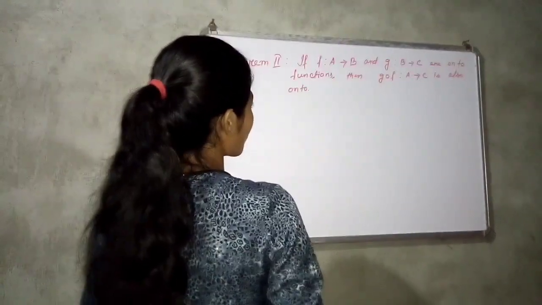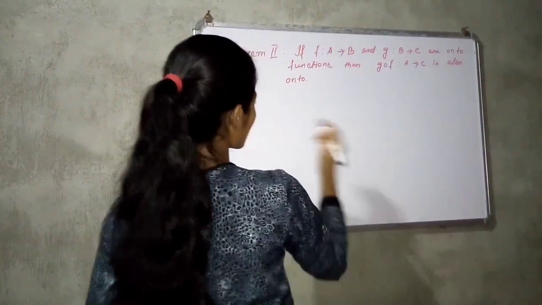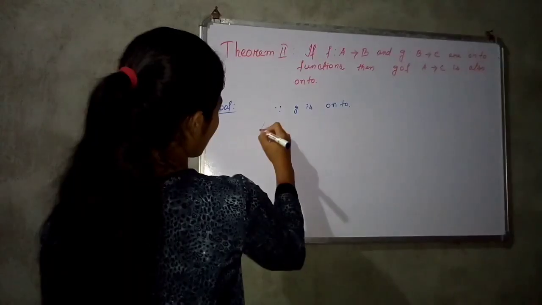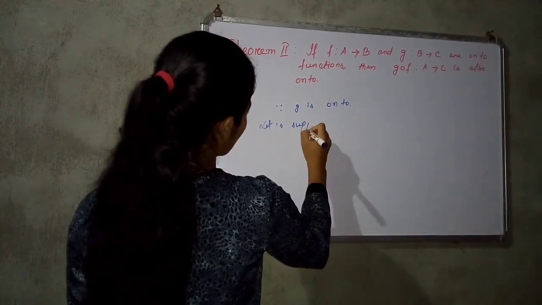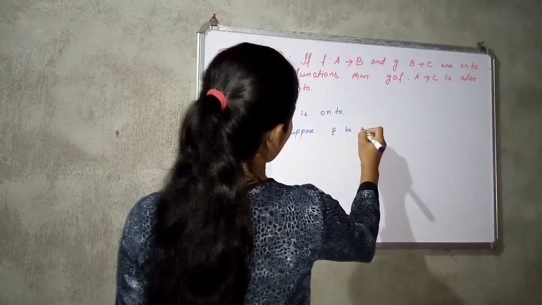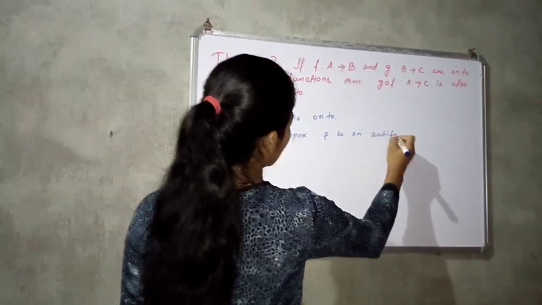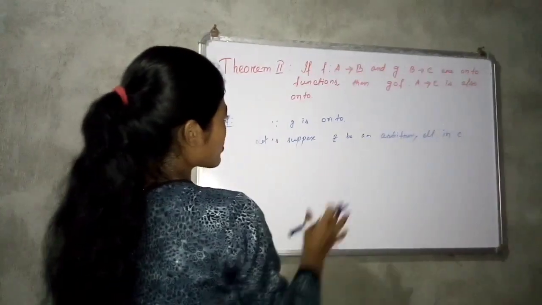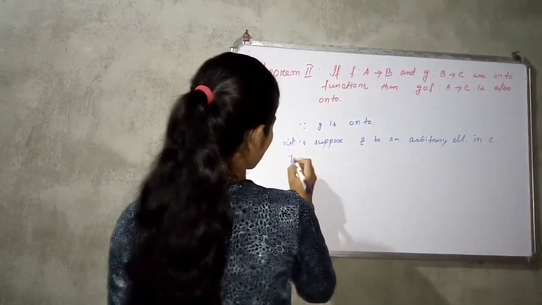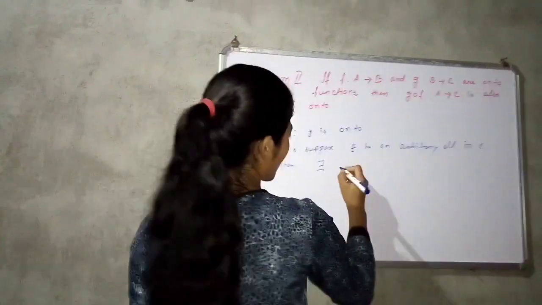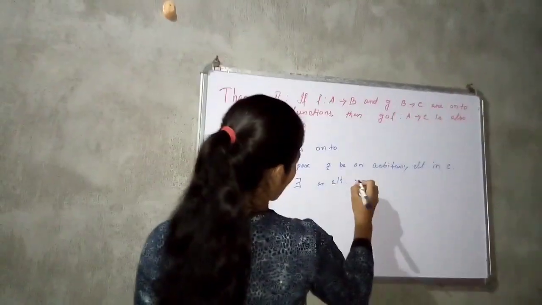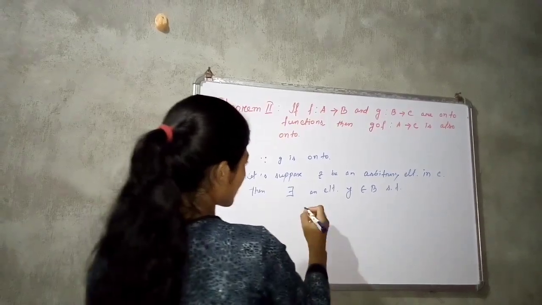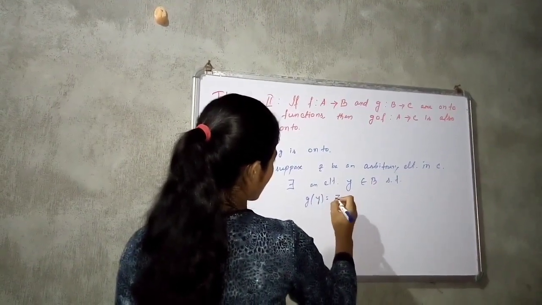So the proof will be: since g from B to C is an onto function, let us suppose z be an arbitrary element in C. If we suppose z as an arbitrary element in C, then there exists an element y belonging to B such that we always get g of y equal to z.